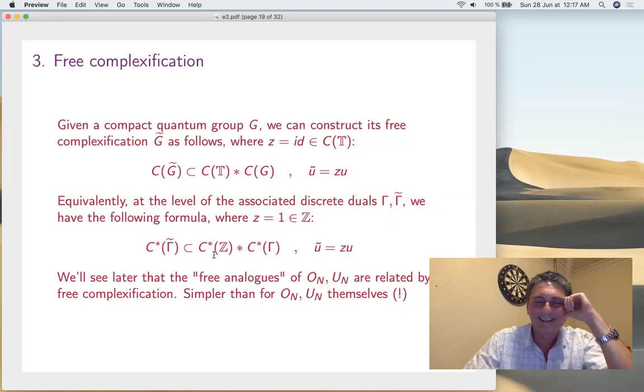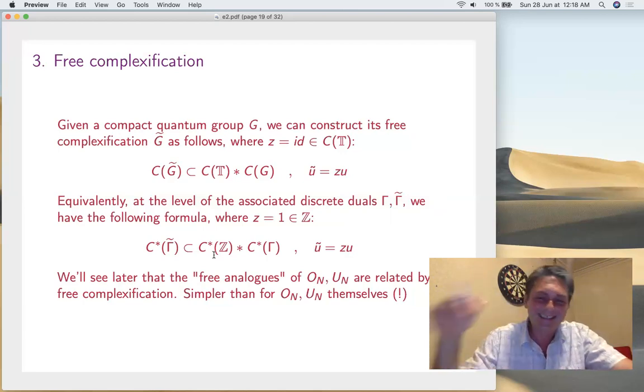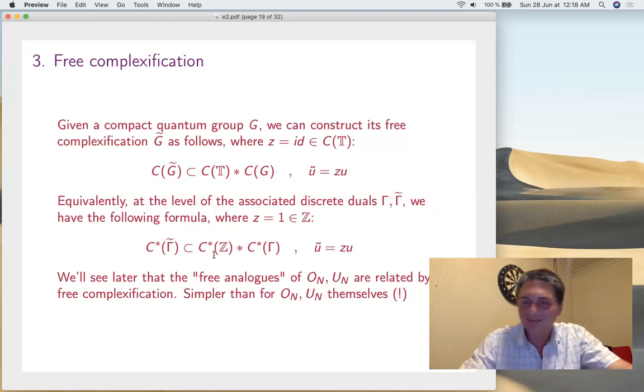So best is to do it with Lie algebras, right? Say that somehow the Lie algebra of U_N appears as a complexification of the one of O_N, and then the groups themselves appear as the compact form by exponentiation. So it's not easy business to say that U_N is a complexification of O_N.